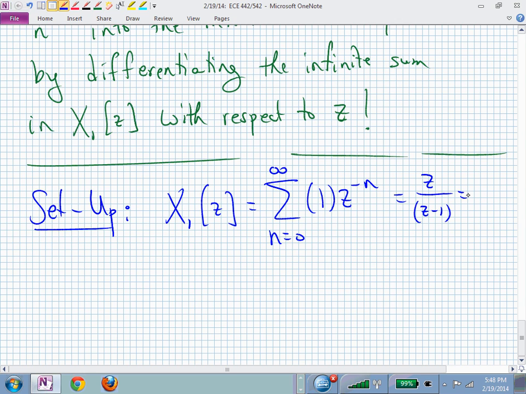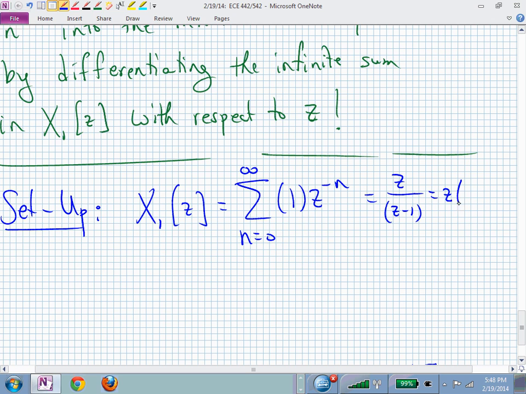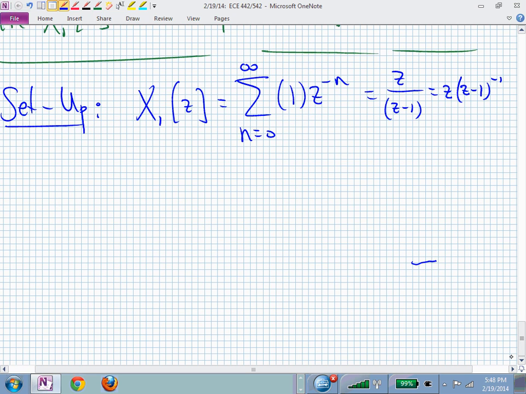But I forgot my quotient rule for differentiation, though I didn't forget my product rule, so I'm going to form this quotient into a product. So I can write that as z times (z minus 1) inverse. And now I can do the differentiation of that.